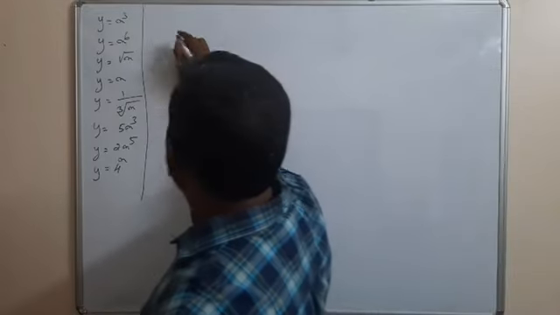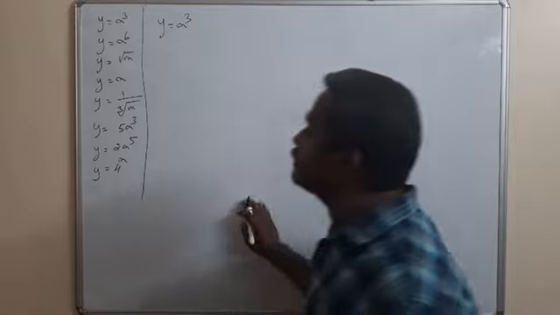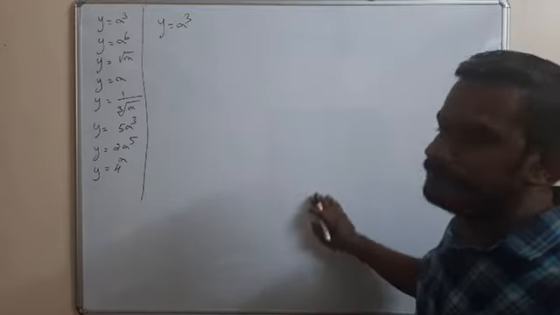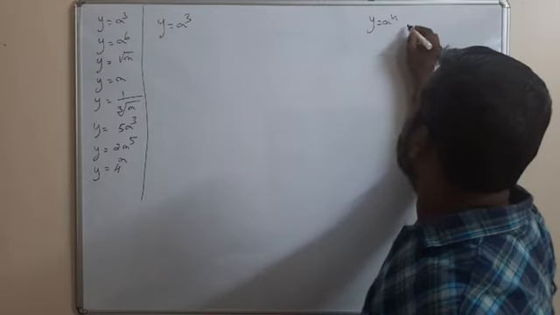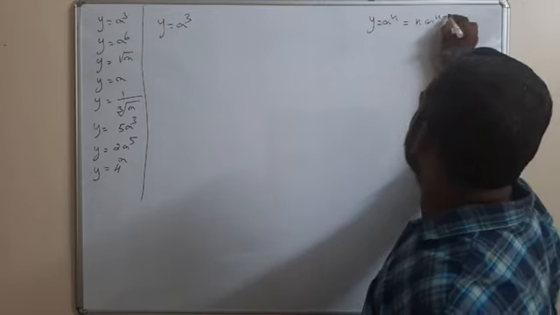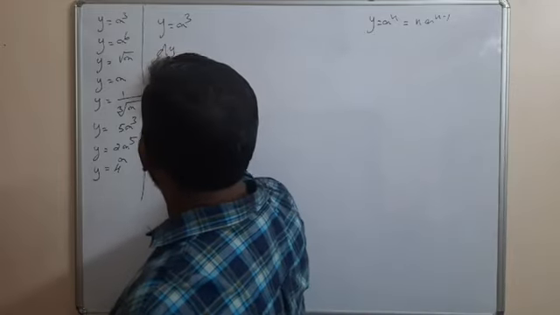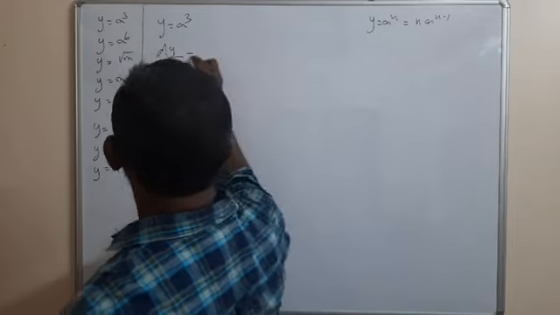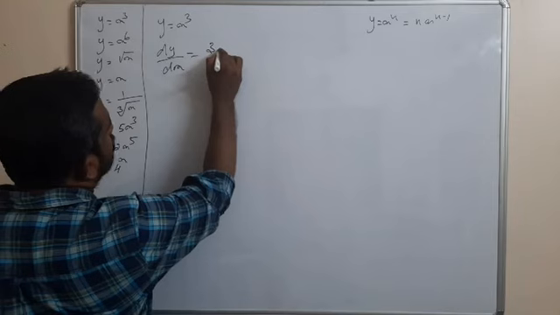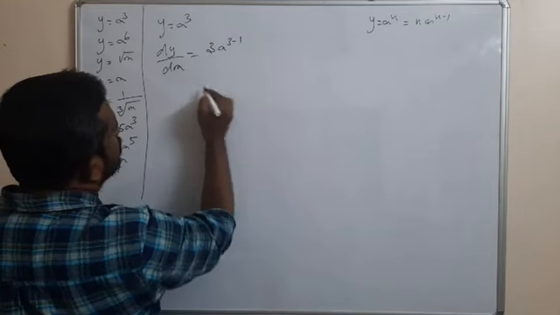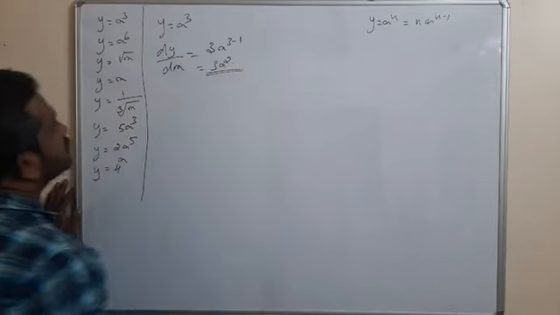So first, y is equal to x cube, that is y is equal to x power n. What is the formula? n into x power n minus 1. So dy by dx equal to 3x power 3 minus 1, that is equal to 3x square.